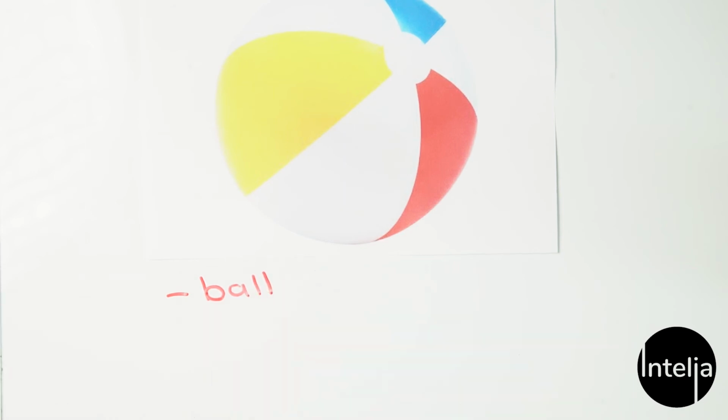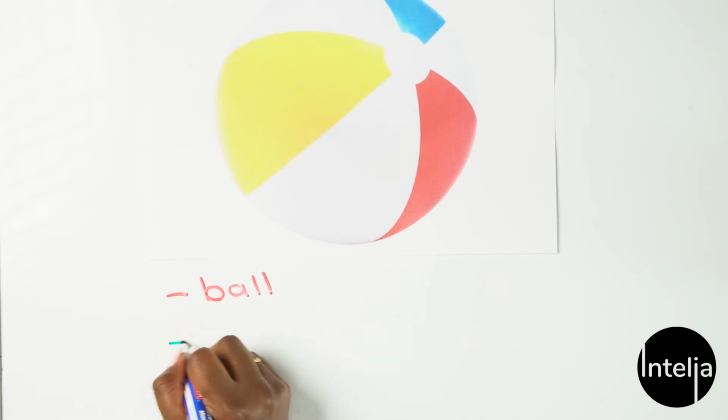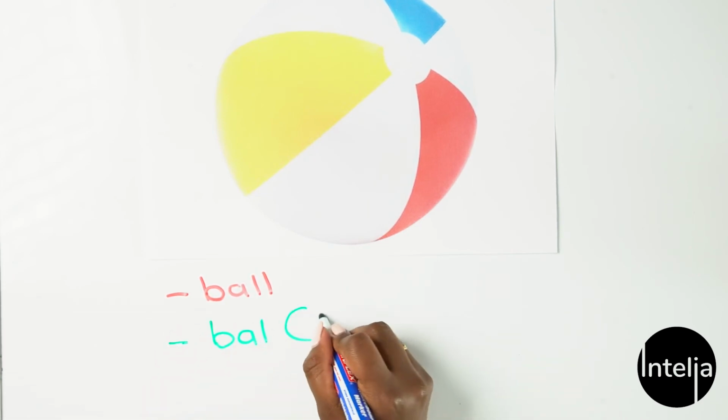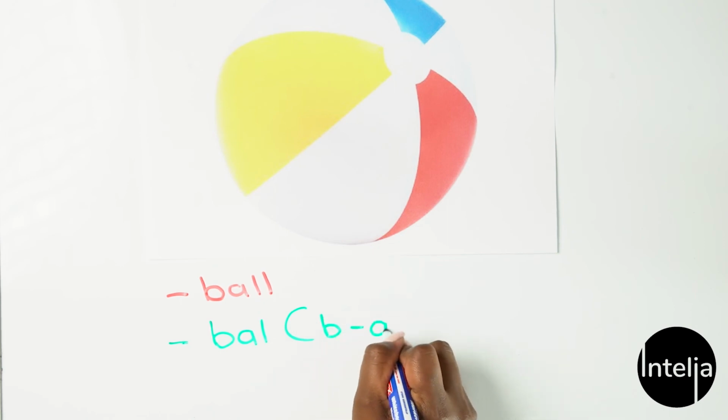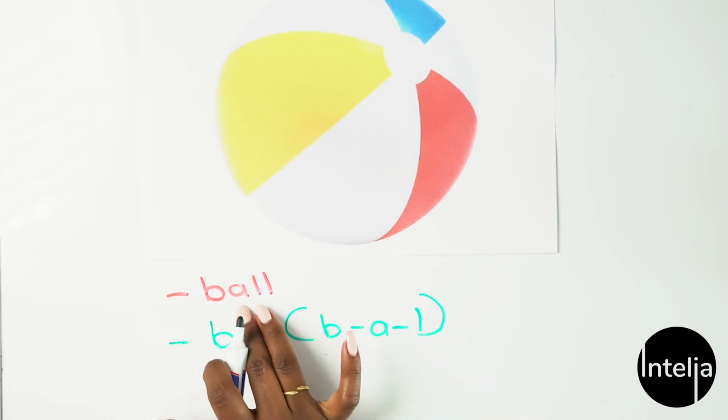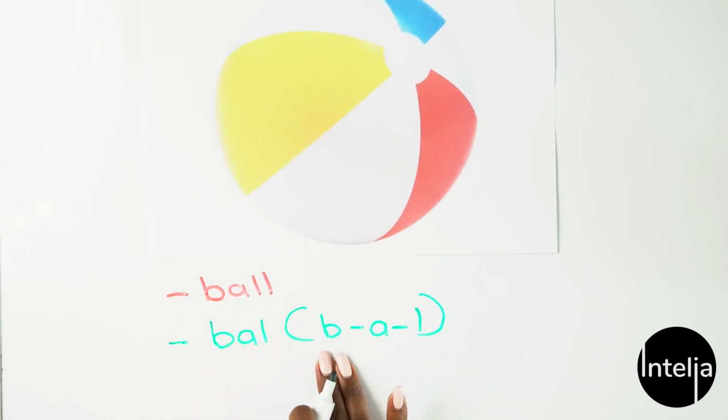And do you still remember what's a ball in Afrikaans? That's right. Bal. Which is ba a l. Bal.